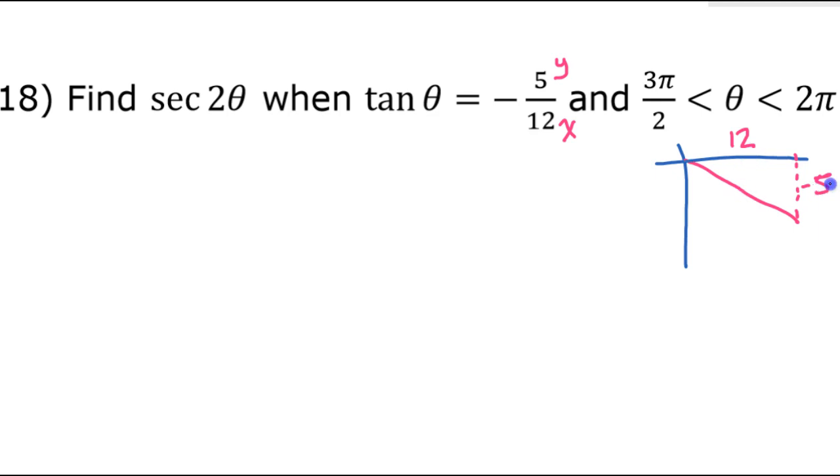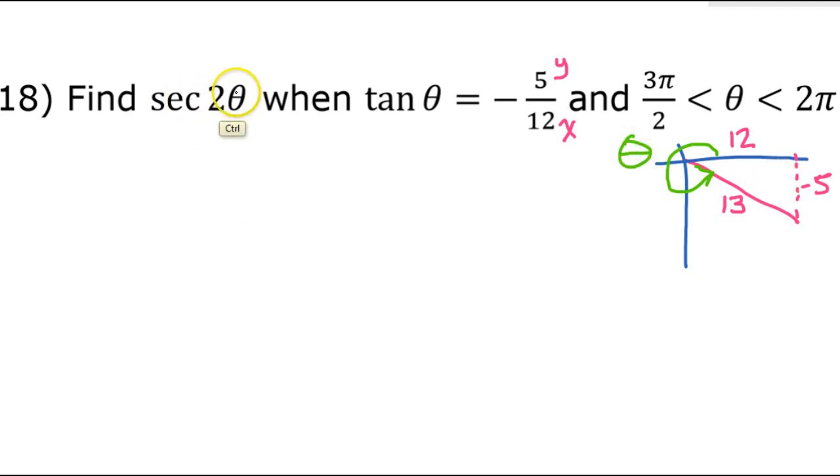The quadrant tells me which one of these has to be positive and which one's negative. I've memorized the Pythagorean triple 5, 12, 13, so I know that the radius here is going to be 13. So that's a nice little sketch of angle theta.